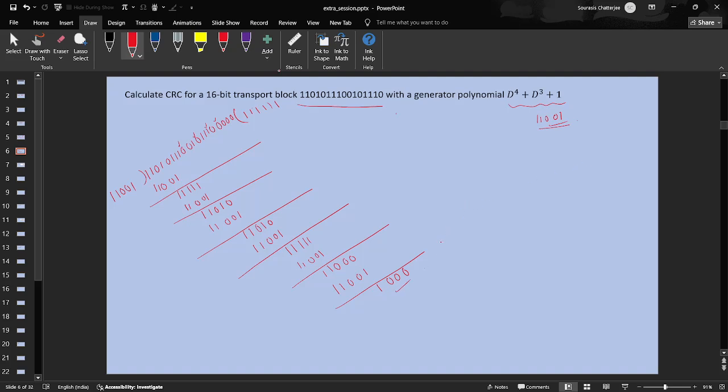So we are basically left with 1000, and that is going to be my CRC. Is that okay, or did I do something wrong here? No, it is okay.